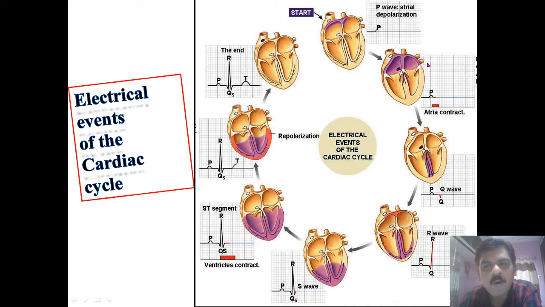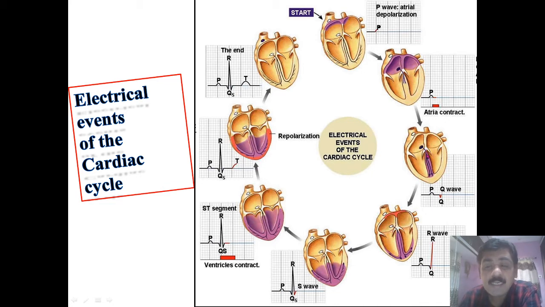This is complete auricular depolarization or the contraction. Depolarization occurs during contraction and repolarization occurs during relaxation. This means that this is an upward deflection, that is called a P wave, and this P wave indicates the auricular depolarization.